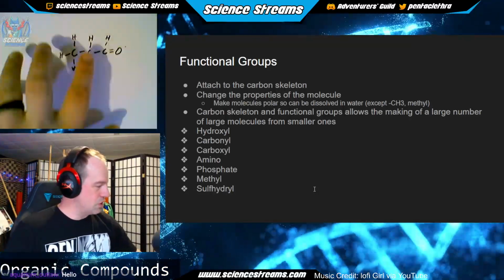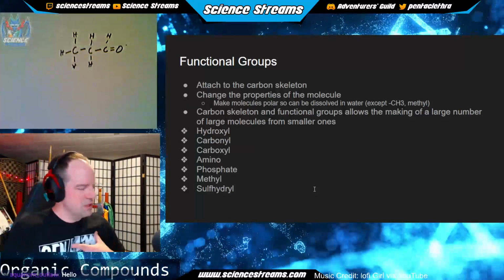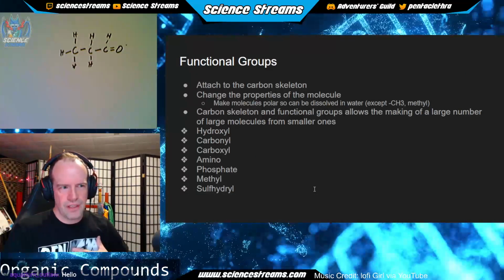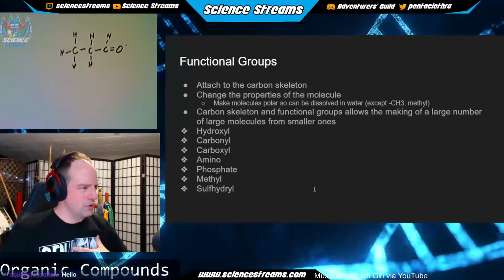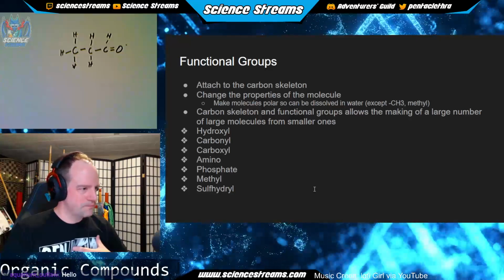I'm going to go through and draw each of these and kind of explain a few things I know that confused me when I was first learning them, and I think also confuse a lot of students when they first get into learning the functional groups.